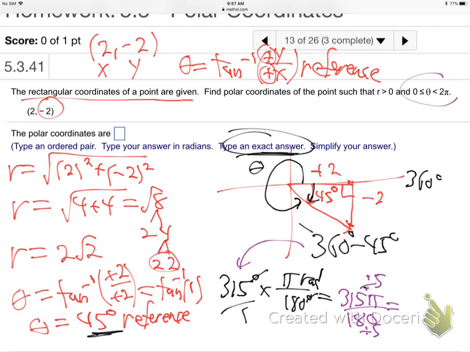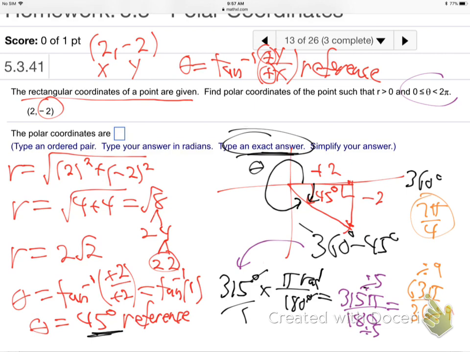What is this, 63? 63 pi over, is that 36? Oh, and then it divides by 9. So then it's 7 pi over 4. Whew. Yeah, 7 pi over 4. That's a lot of work.